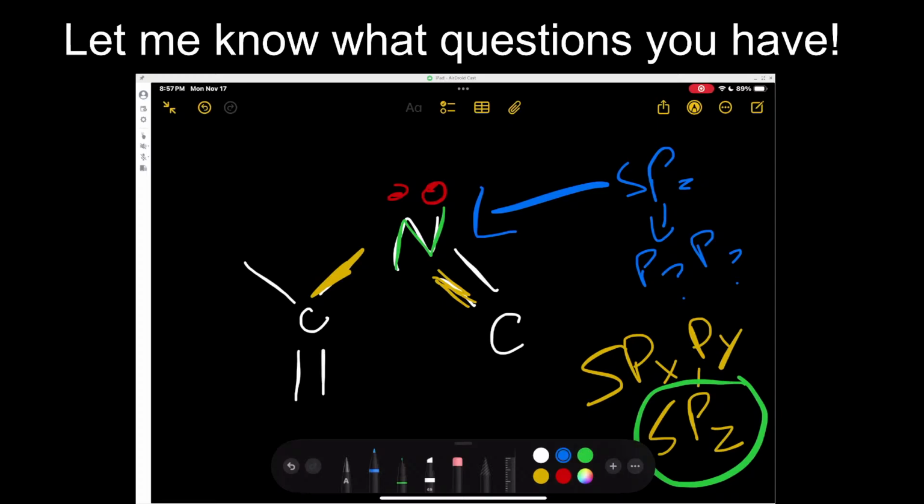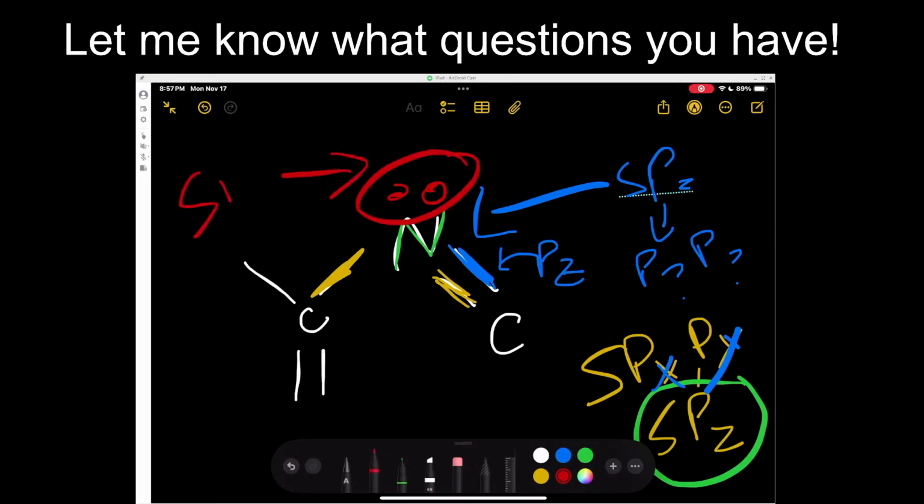And the double bond then is the p that was left out. X and y I'm using to do these bonds, so this needs to be pz. And these electrons here right now are in the other sp2 orbital.